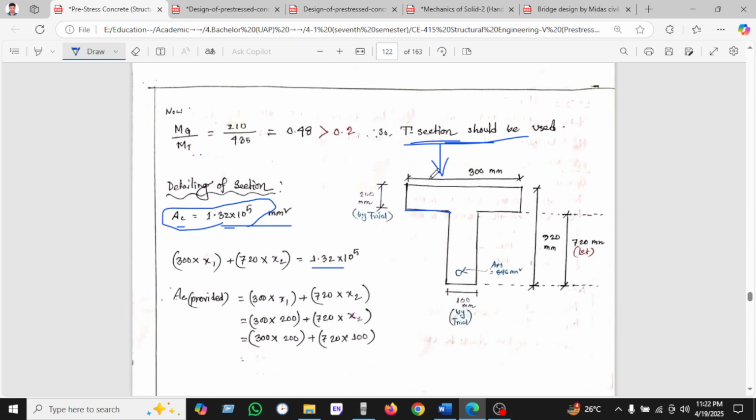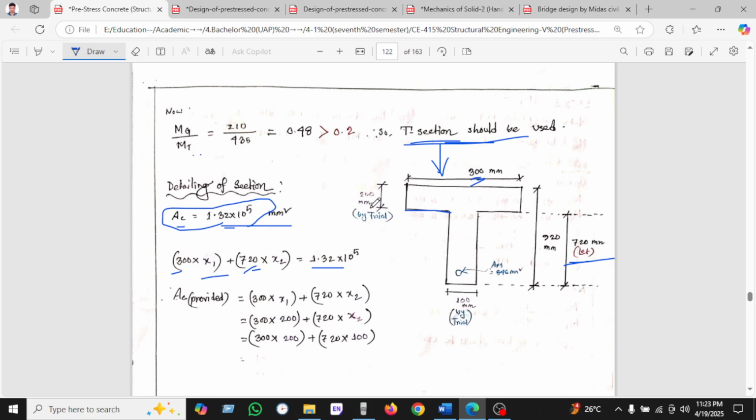Firstly we have shown 300 is given as the flange width, and 720 we have been taking here. Now we calculate x1 and x2.